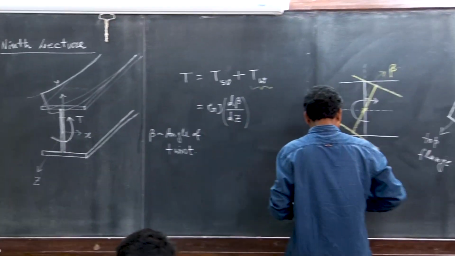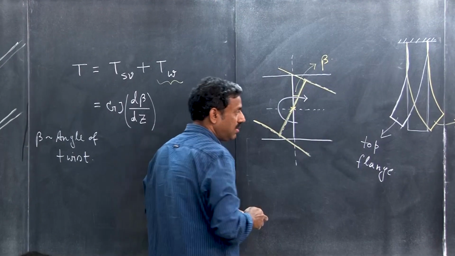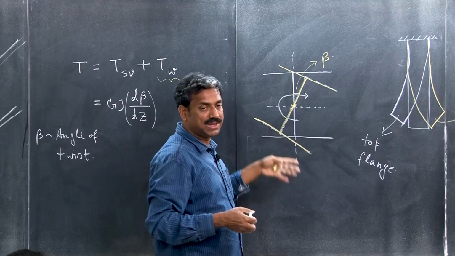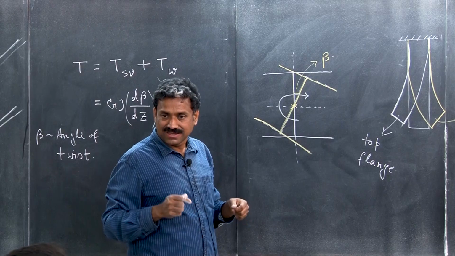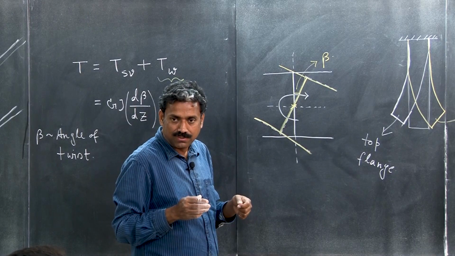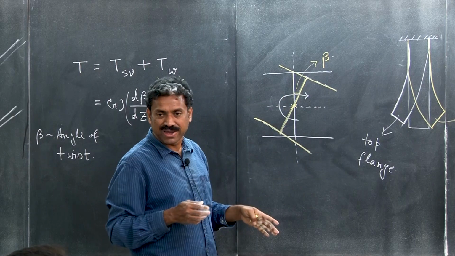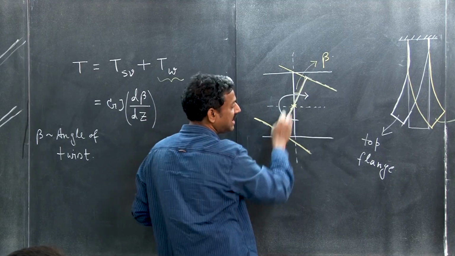So, if we consider this one, now the contribution of the web in the bending is negligible, right. The bending is essentially contributed by the flange. The web is not going to bend, we can safely assume that this web will remain in plane, right.